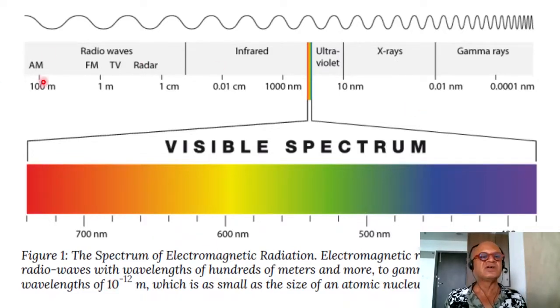So you can see here we are going from gamma rays at 0.001 nanometers to X-rays to ultraviolet, a lot of which is getting trapped in the stratosphere, because the blue ultraviolet light, which has high energy, is bombarding the oxygen molecules and splitting them into oxygen atoms, and an oxygen atom is then combining with an oxygen molecule to form ozone. So fortunately for us, all the high energy blue UV is absorbed in the stratosphere.